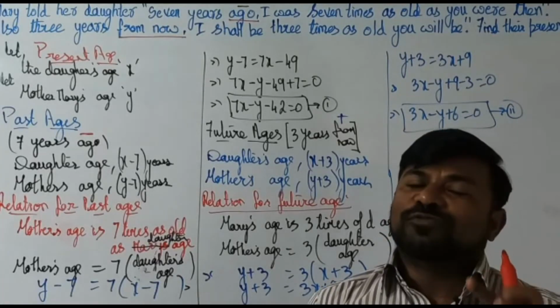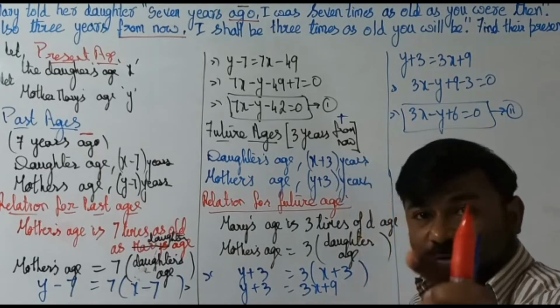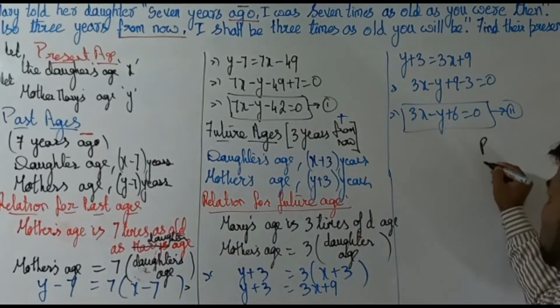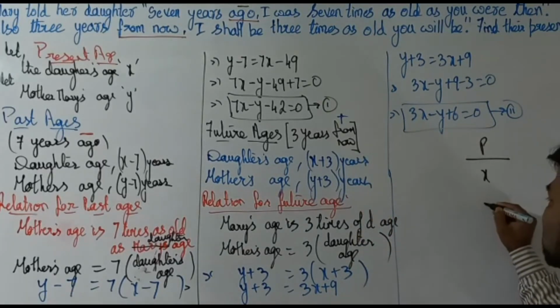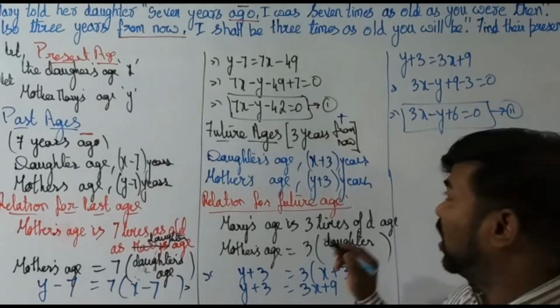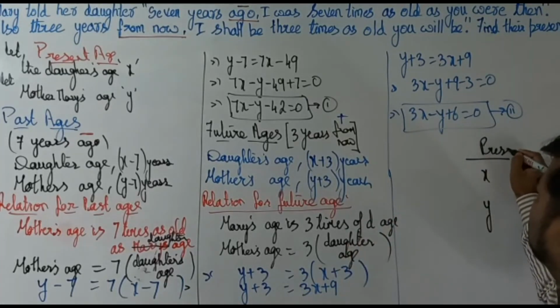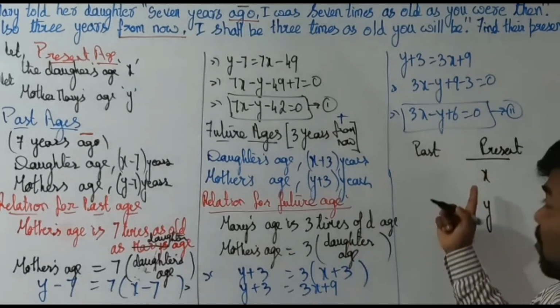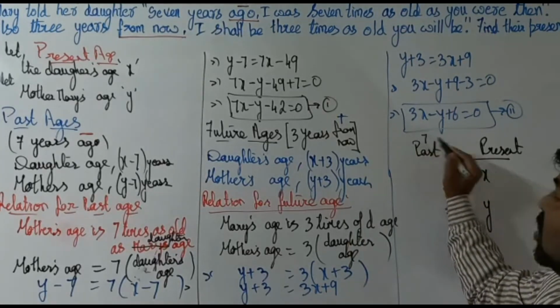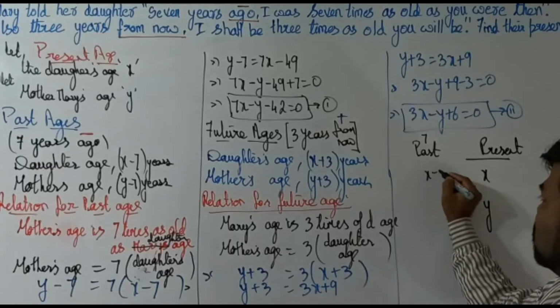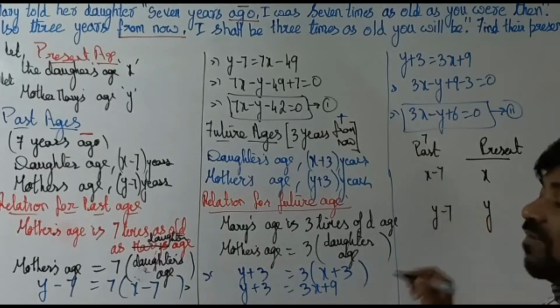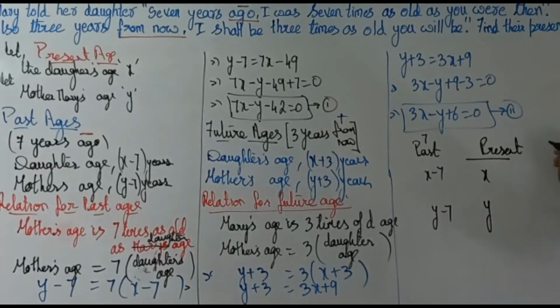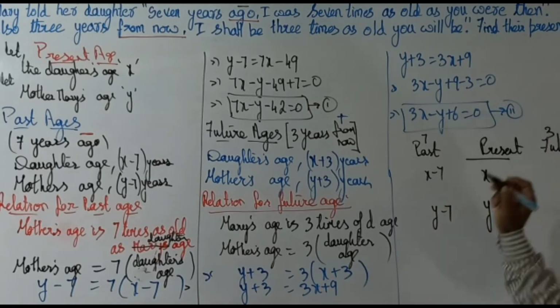Okay, now if you check it out properly, present age, we are talking about x and y. Okay, this is present. Now we are talking about past ages. How many years? 7 years. It is x minus 7, y minus 7. And for the future, we are talking about 3 years.